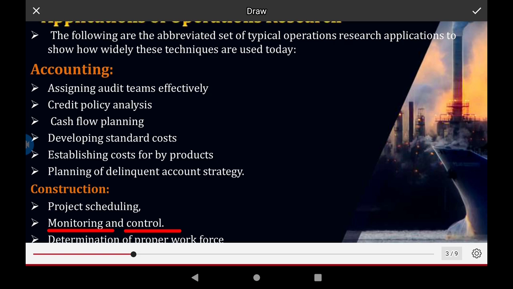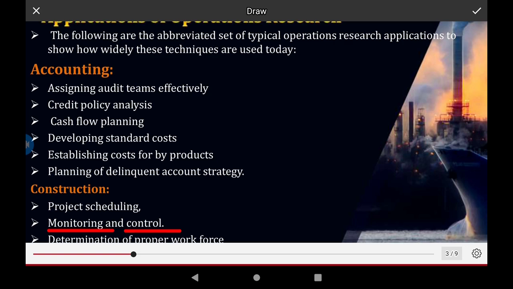Another point discussed is the determination of the proper workforce. Some plants and industries perform with a proper workforce.